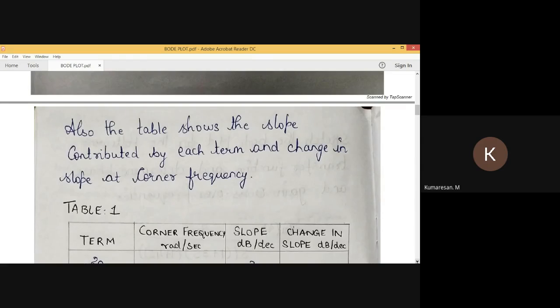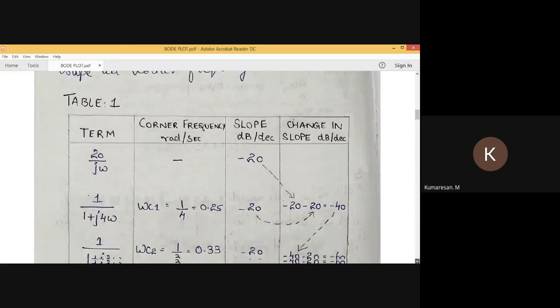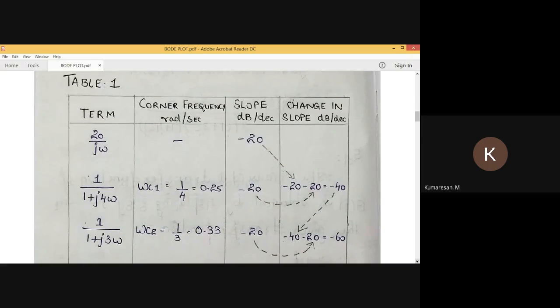So the magnitude in decibels, whether the slope changes or not with respect to the frequency, we have to find from this table. From the transfer function, we have to split it like this: 20 divided by j omega, 1 divided by 1 plus 4 j omega, 1 divided by 1 plus 3 j omega.